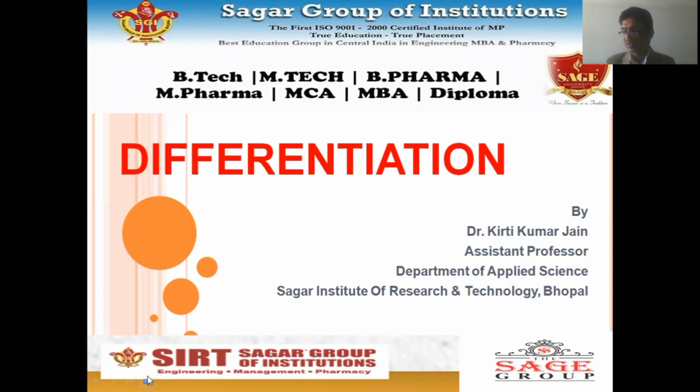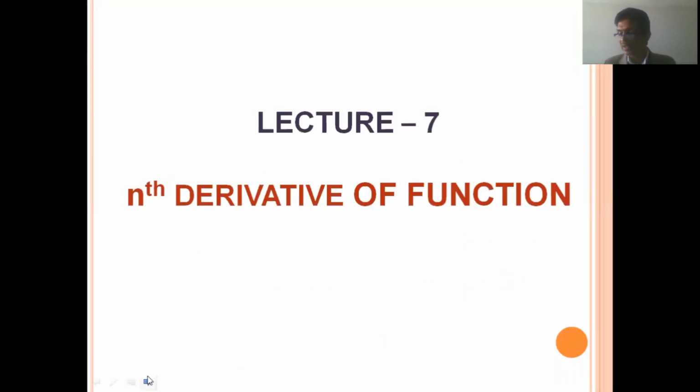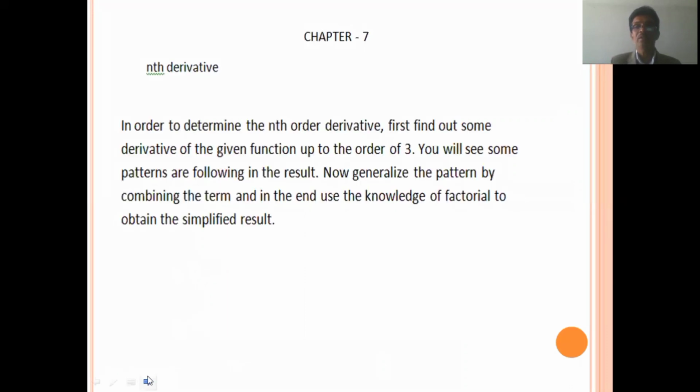With some examples. Now we shall discuss the nth derivative, which is also a part of successive differentiation. Here we will find the first, second, third, fourth, fifth, then the nth derivative.